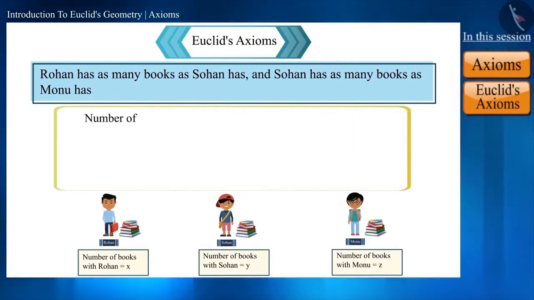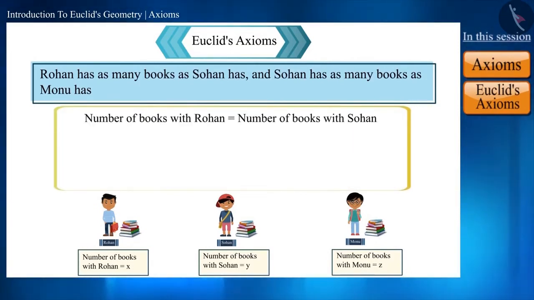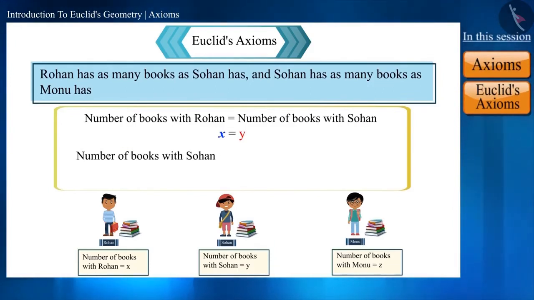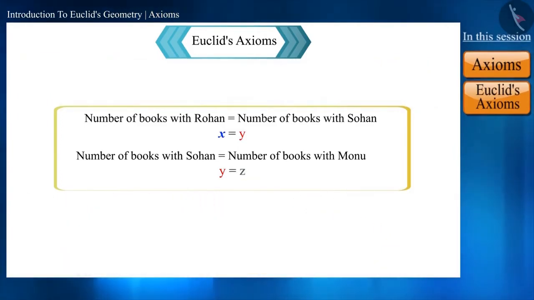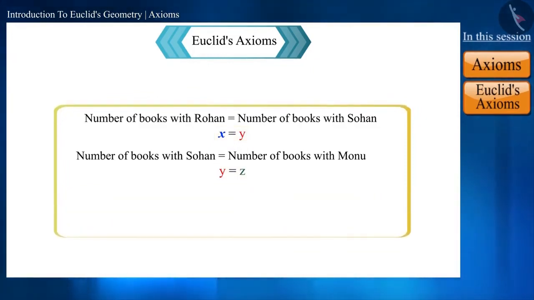According to the statement, Rohan has the same number of books as Sohan. That is, we can say that X is equal to Y. And given that Sohan has the same number of books as Monu, that is, Y is equal to Z. Note here that X is equal to Y and Z is also equal to Y.